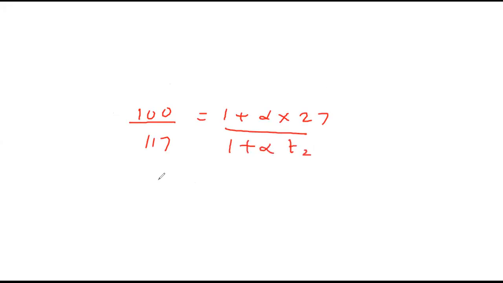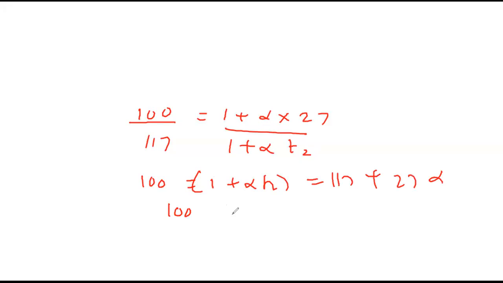So R1 upon R2 is 100 upon 117. 117 is 1 plus alpha into 27, upon 1 plus alpha into T2, which we have to calculate. So 100 equals 100 into (1 plus alpha into 27) and 117 is into (1 plus alpha T2).